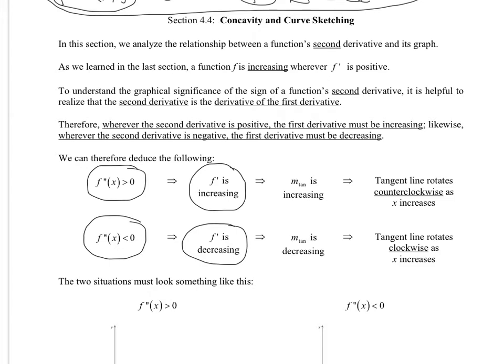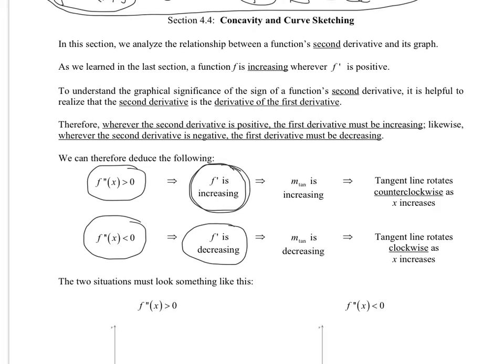Now we want to think about the implications of those two statements. What is implied about the graph of the original function f if we happen to know that f prime is increasing? That means that as we move rightward along the graph, f prime gets bigger.